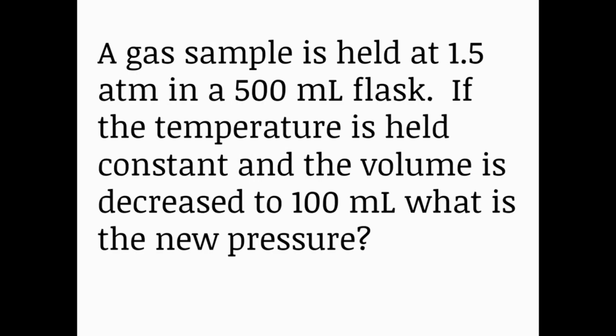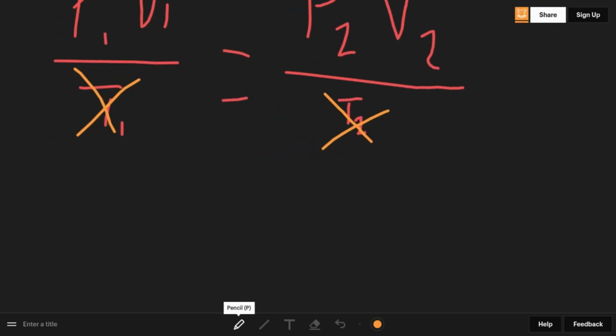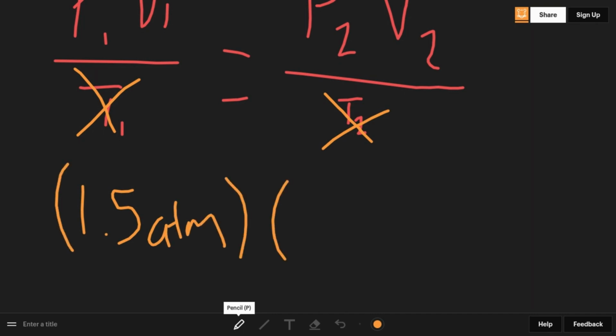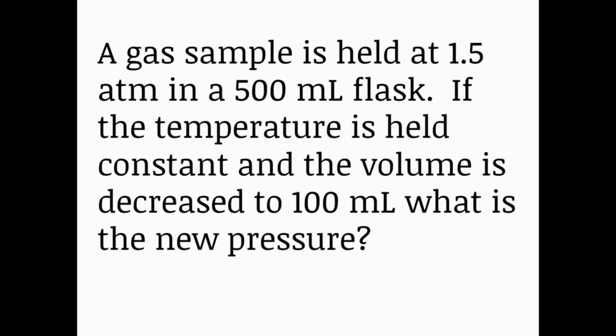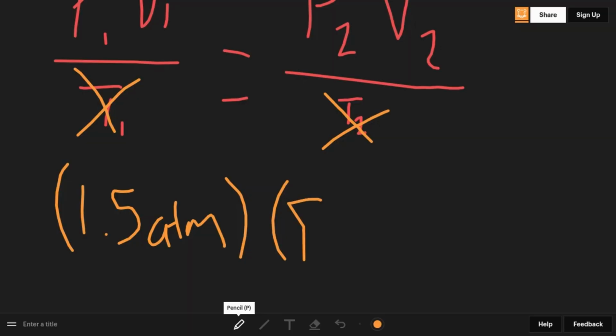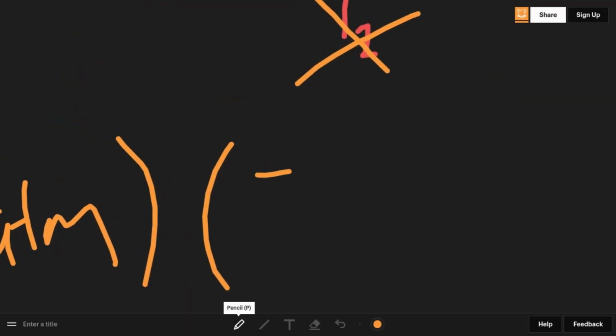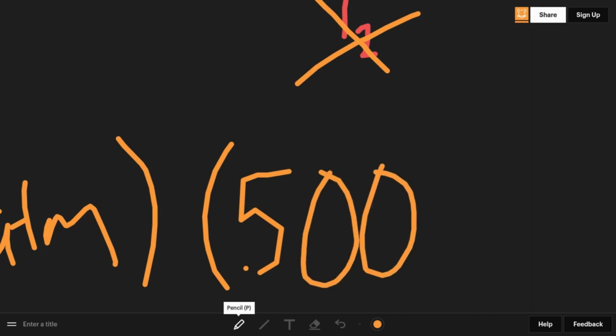So now we know that the pressure is 1.5, the original pressure, 1.5 ATM, times the original volume, which is 500 milliliters.